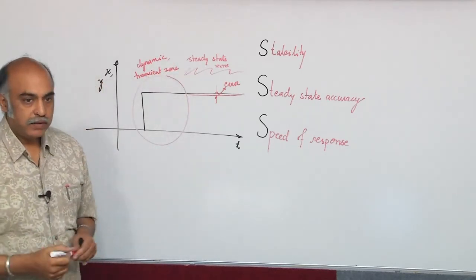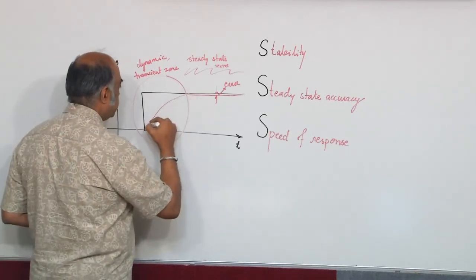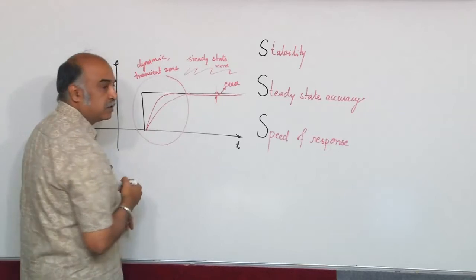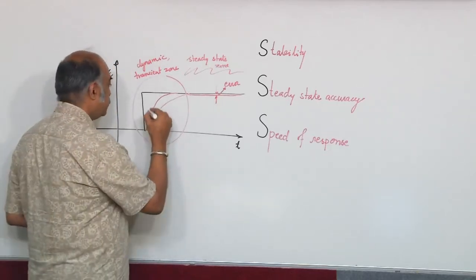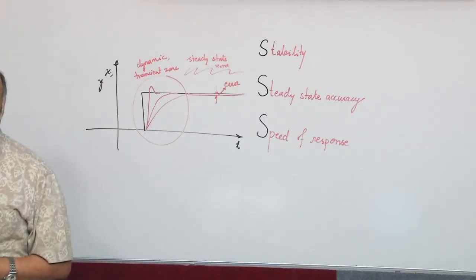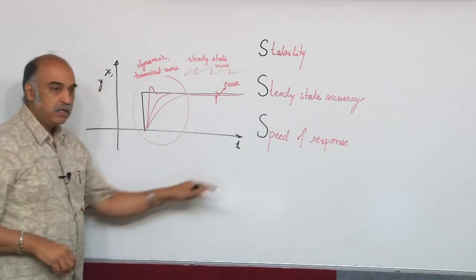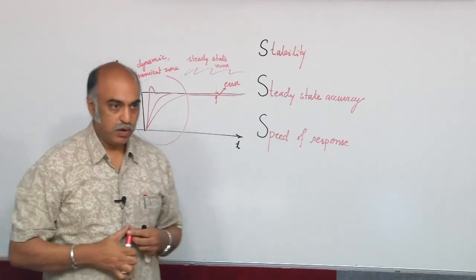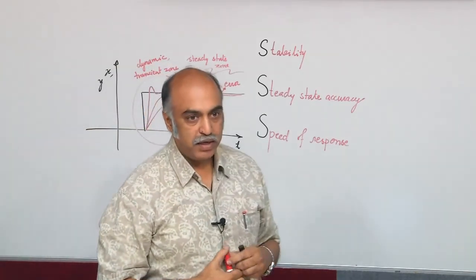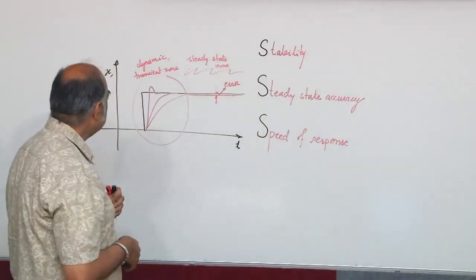Also very important, this tells you how fast I will be able to transit into the steady state zone. So, this will give you the speed of response, the third parameter that you should worry about in any controller design.